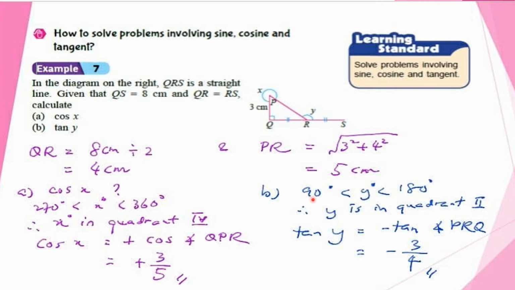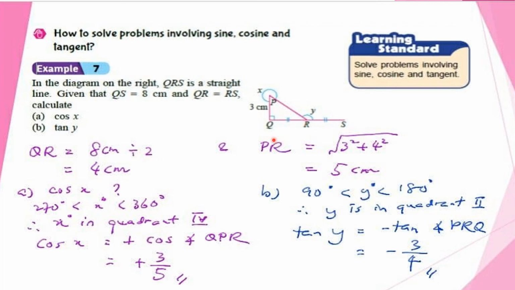In B, you are asked to find what is tangent Y. What is the size of Y? The Y is in quadrant 2. In quadrant 2, only sine is positive. Tangent Y is negative. So we must find the corresponding value.